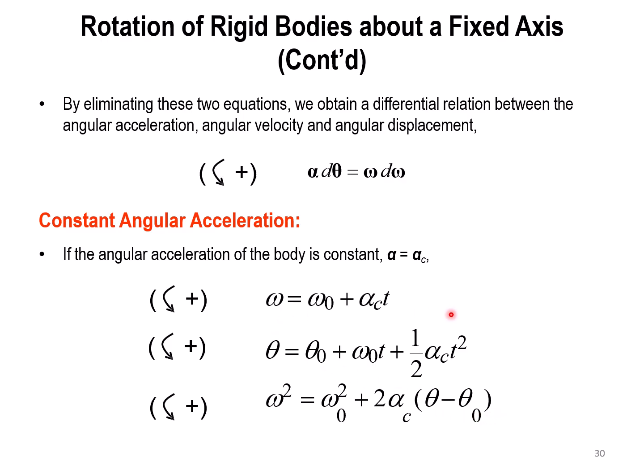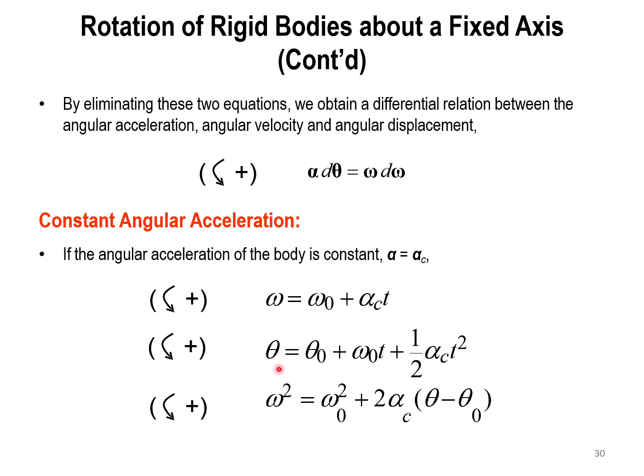Just to explain this, the angular velocity at any point is equal to the initial velocity plus alpha, the angular acceleration, multiplied by the time.